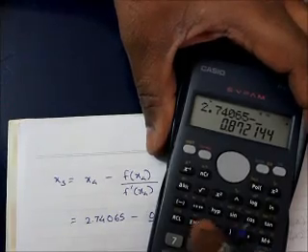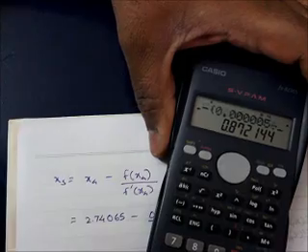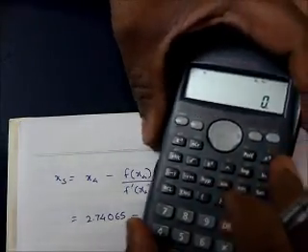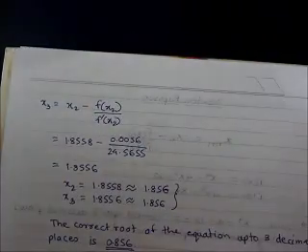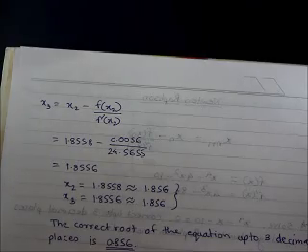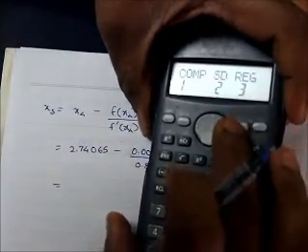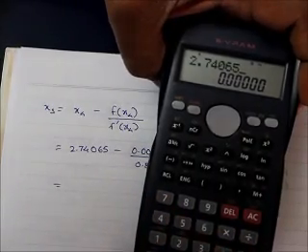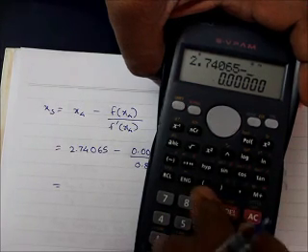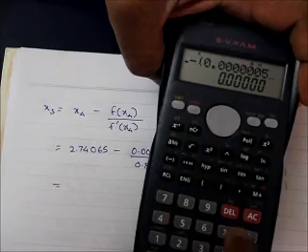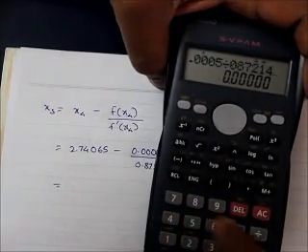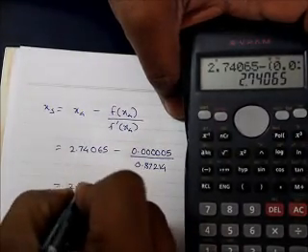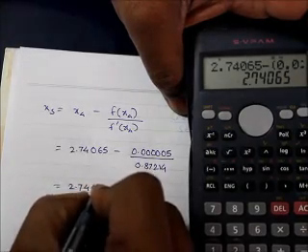2.74065 minus 0.000005 divided by 0.87214. Okay, it's 2.74065.